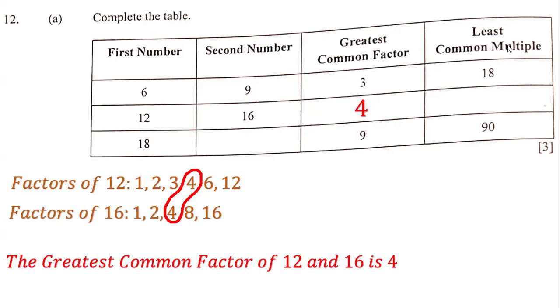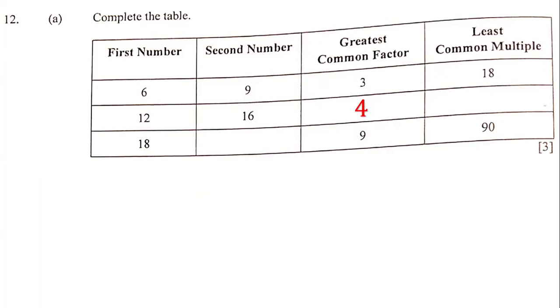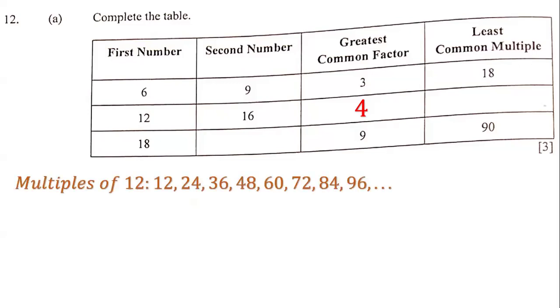The lowest common multiple. Now, what are the multiples of 12? 12, 24, 36, 48, 60, 72, 84, and 96.